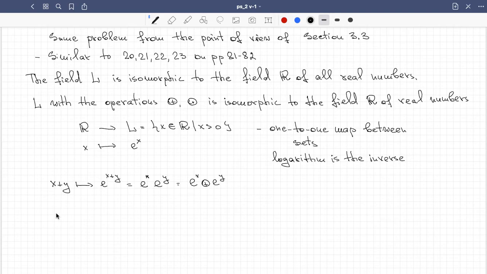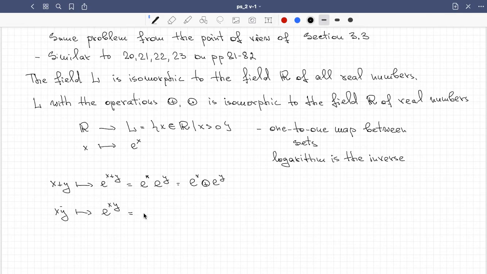And what about the product of two real numbers? It maps to e to the xy with this map. So this real number is labeled this way. I want to rewrite this real number in terms of e to the x and e to the y, because these are the labels, as I easily wrote the number corresponding to sum in terms of labels, e to the x, e to the y.